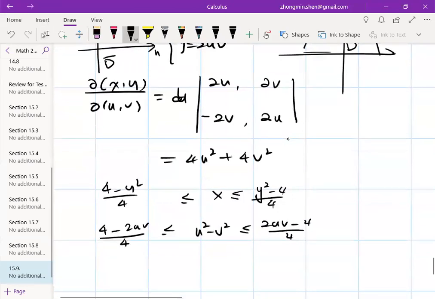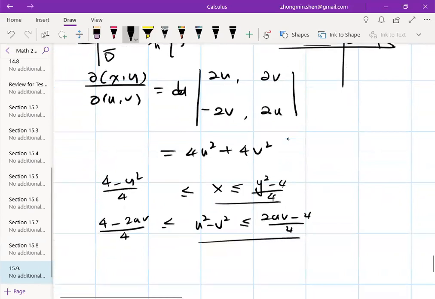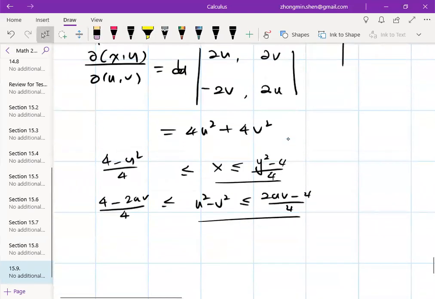Yeah, let's look at the equality part. When you look at this equality part, you get 4uv squared minus 4v squared equals 2uv minus 4. Okay.